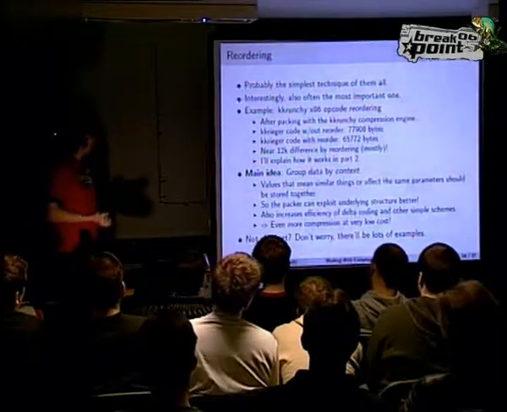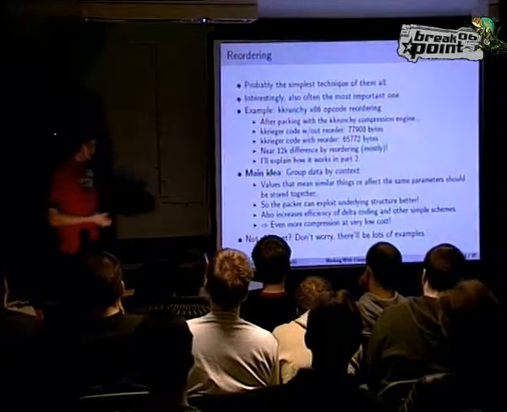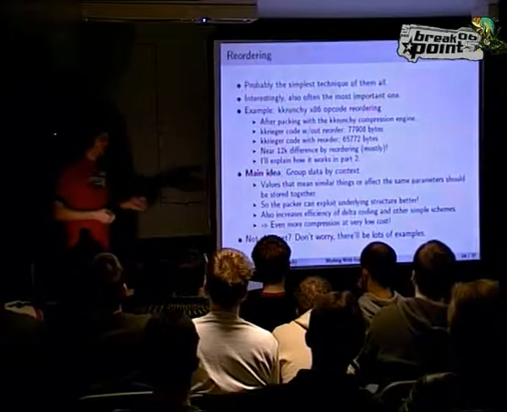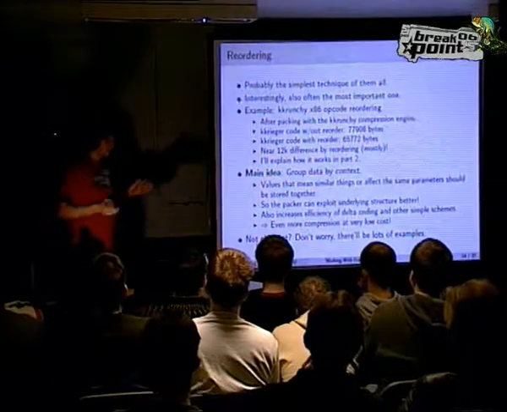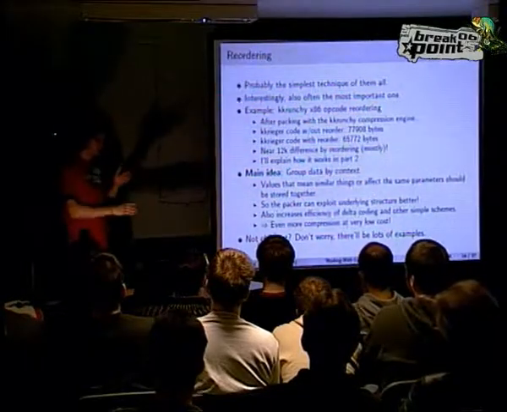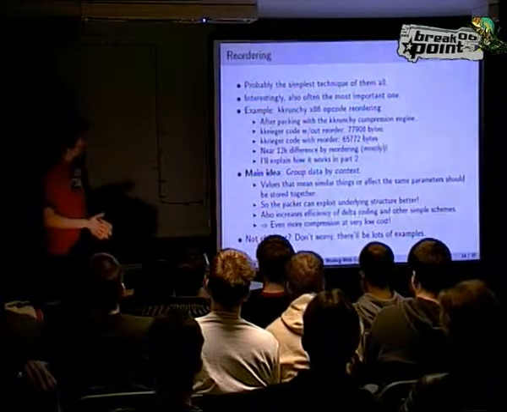And right now, I'll just give you a broad overview of what you have to do, which is grouping data by context. Things that mean similar things, affect similar values, should probably be stored together. That's the main concept. Everything that's similar in meaning is probably also similar in value.